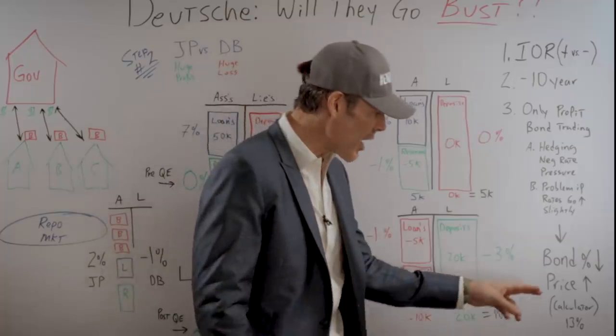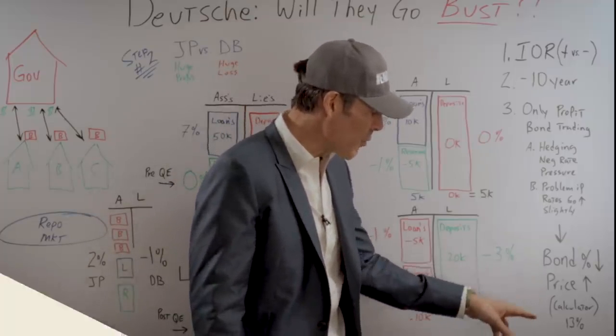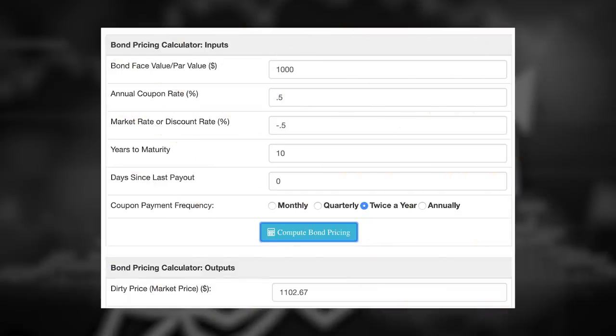And the rates don't have to go down by much. If we pull up this bond calculator, you'll see that if the rates go down even less than 1%, that can be a gain of over 10%.